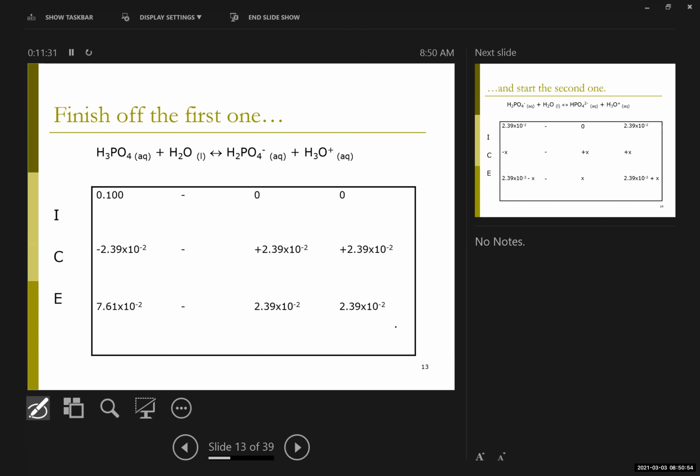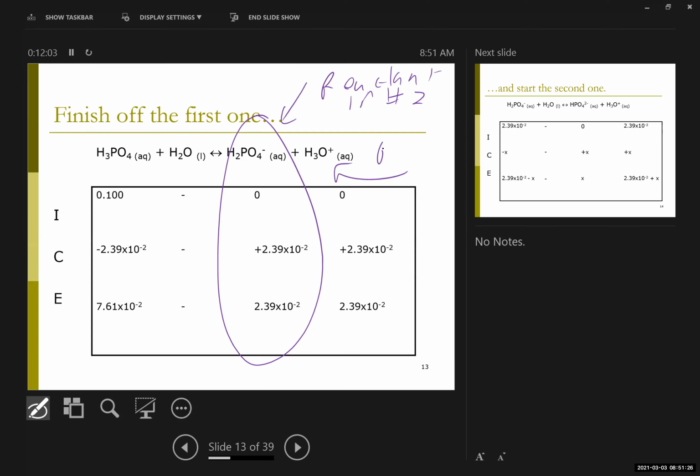And so I still have water. I now have a brand new acid, which I just made in the first reaction. And so there's no reason it won't also react with water, all right? But again, it's just a nearly completely separate 3-part problem. The only thing that makes it less than completely separate is the fact that this is the reactant in the second reaction, and this is a product.